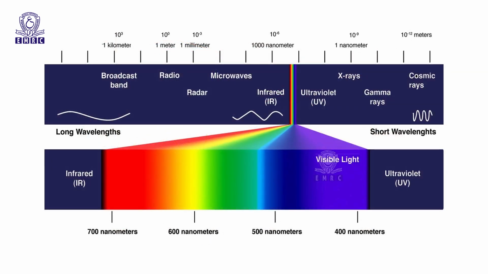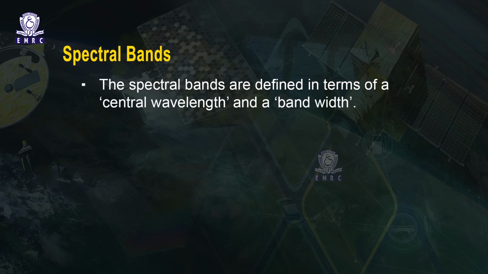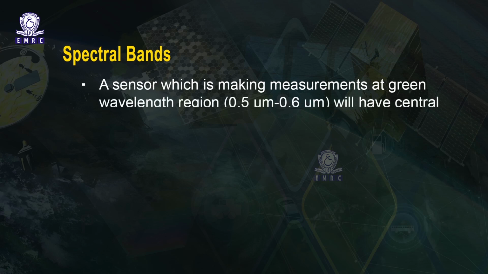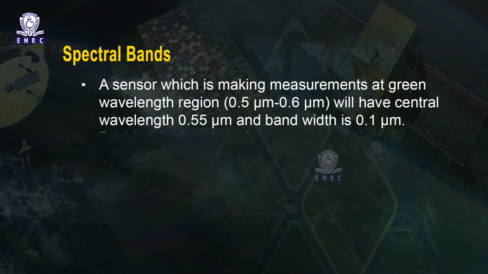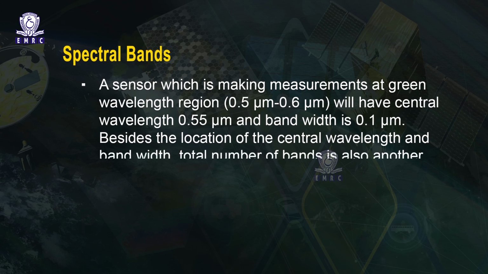These wavelength regions of the observation are called spectral bands. The spectral bands are defined in terms of a central wavelength and a bandwidth. For example, a sensor which is making measurements at a green wavelength region, that is 0.5 μm to 0.6 μm, will have a central wavelength of 0.55 μm and a bandwidth of 0.1 μm.